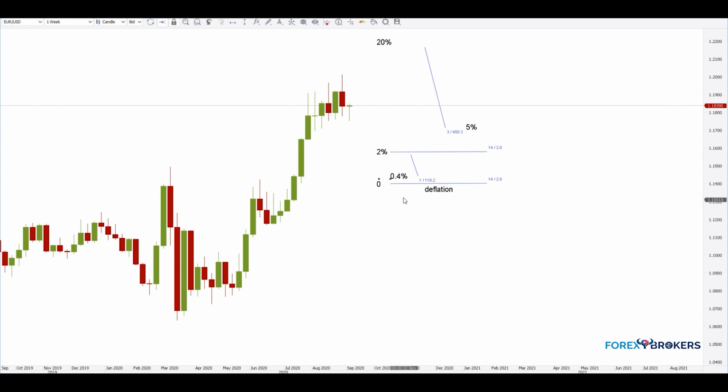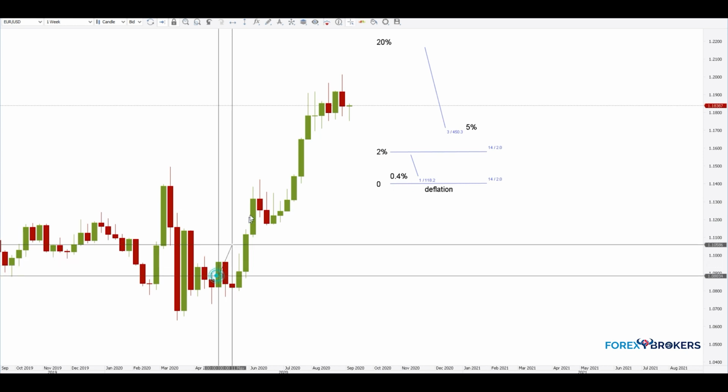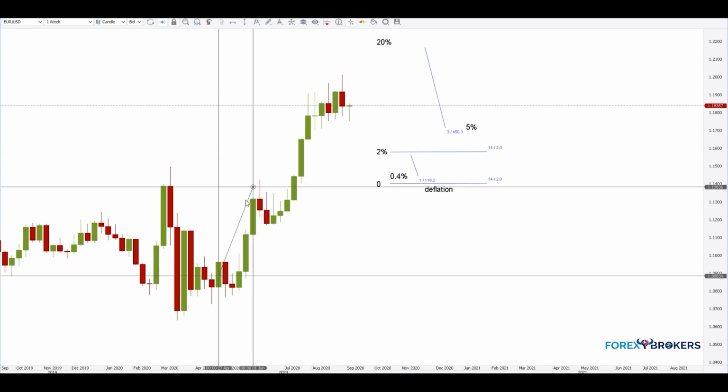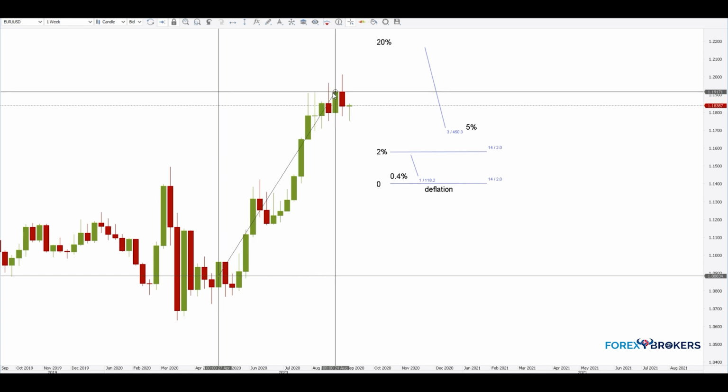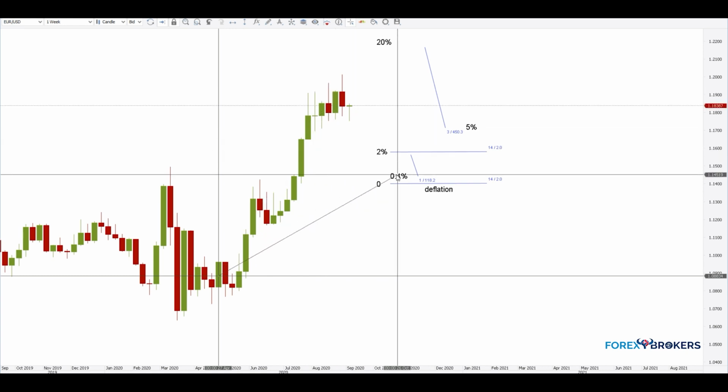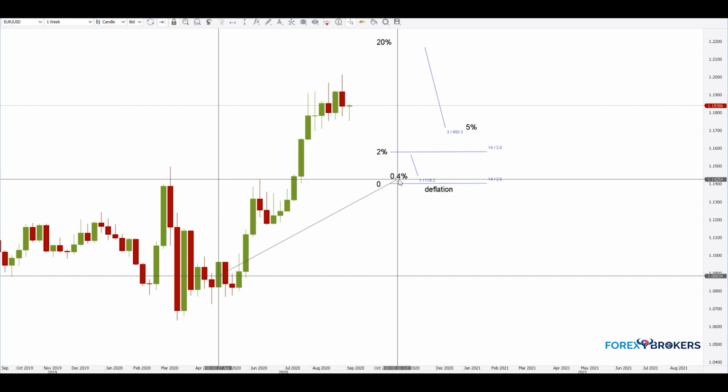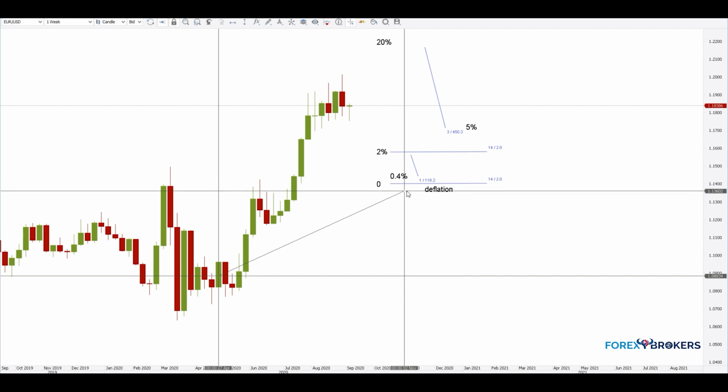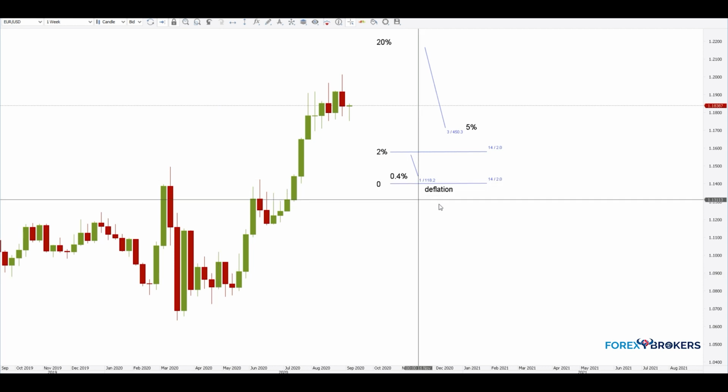And the recent euro strength, this is the euro US dollar, jumping from 1.08 to 1.20 in less than 3 or 4 months, put further pressure on inflation to drop even more, and threatens to break below the 0 level. Therefore, the ECB, or any central bank as a matter of fact, will be forced to intervene. How does a central bank intervene?